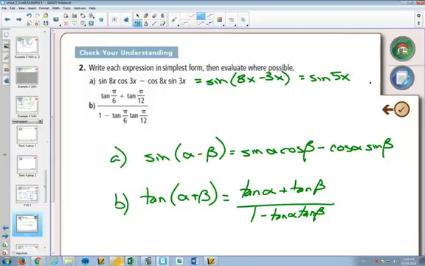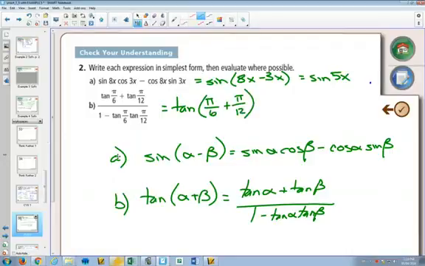So what would alpha be? Pi over 6, and beta would be pi over 12. So if we wrote this out, you would have tan of pi over 6 plus pi over 12.